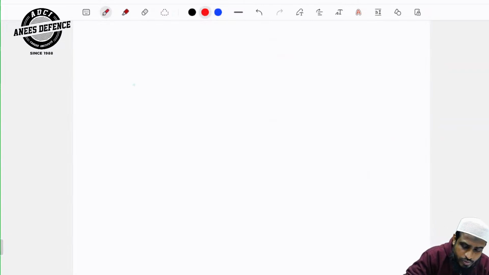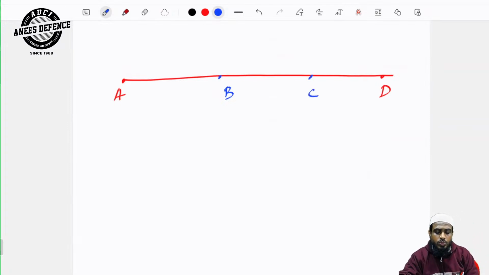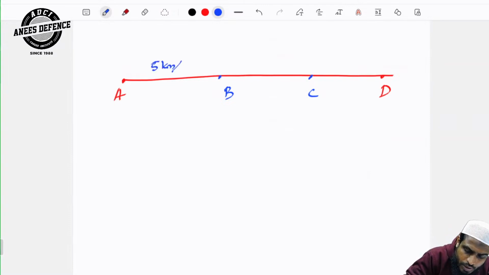The question is, a person is going from A to B, C, D. A to D. One third means 1 by 3 is at B and another 1 by 3 is at C. So we are dividing the total distance into 3 parts: 1 by 3, 1 by 3, and 1 by 3. 1/3 distance with 5 kilometer per hour, another 1/3 with 4 kilometer per hour, and the rest with 6 kilometer per hour.